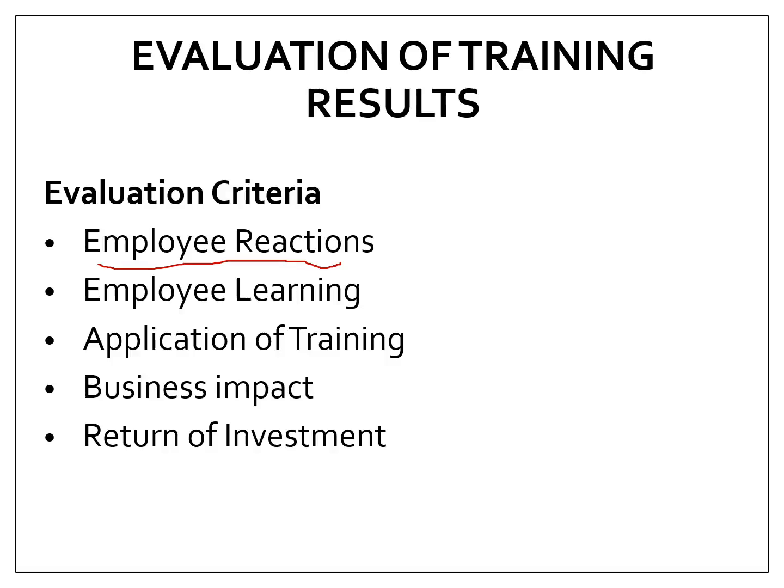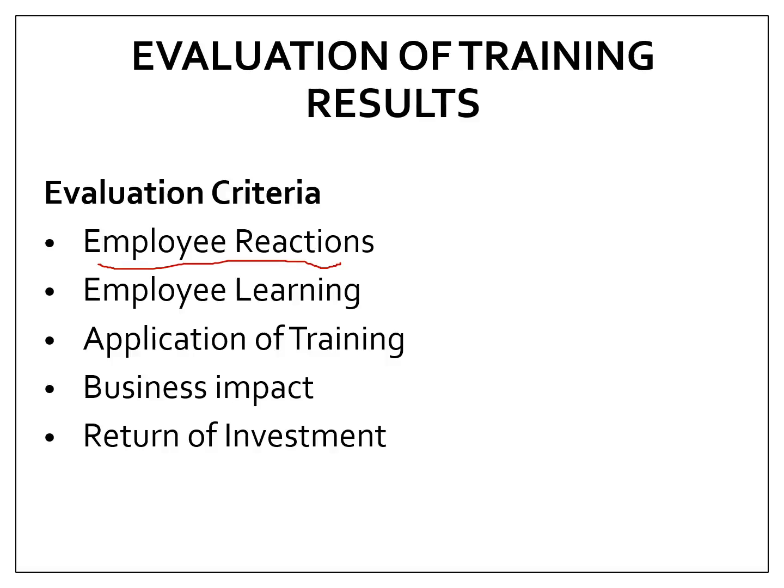The fourth one is more technical. This is business impact. If we say that the training had business impact, it means that you were able to achieve your goals. So that's the keyword with business impact: you achieve your goals. So say for example, your goal after training is to have less than 2% conflict or incidents involving staff and client. If you were able to achieve that goal, then there's business impact.